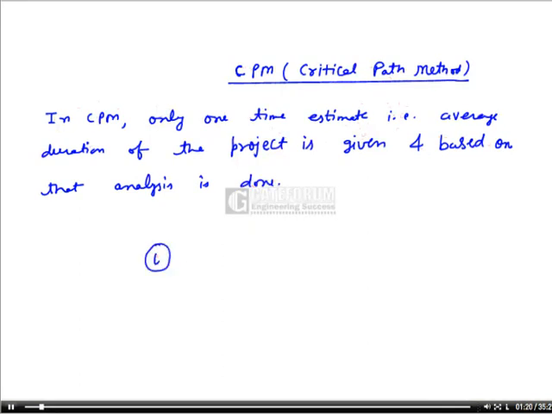So this is tail node, this is head node. So average time estimate I to j is given, and based on this analysis is done.